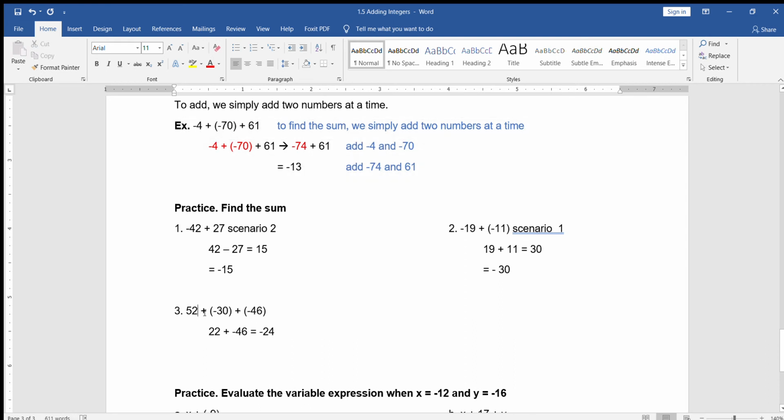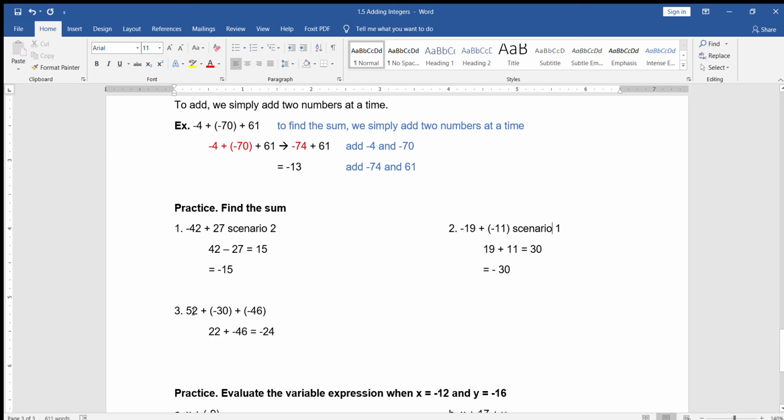Negative 52 plus negative 30, that's scenario 1 or 2? That's scenario 2, right? So we're going to subtract 52 minus 30. 52 minus 30 is 22.